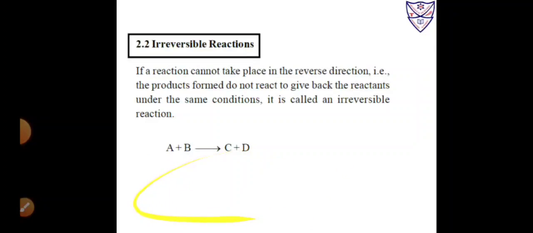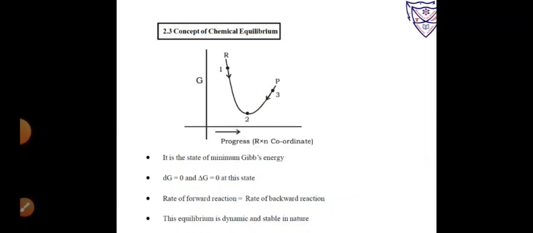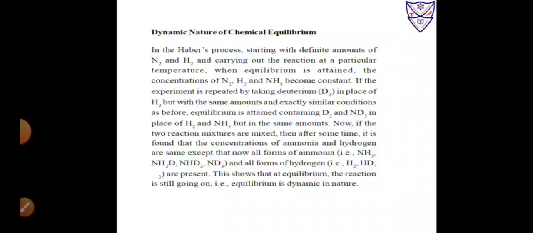Do you remember that, right? So here dG, that is delta G, equals 0 at this stage. So here the rate of forward reaction is equal to the rate of backward reaction, which is very, very important. So this equilibrium is dynamic and stable in nature.